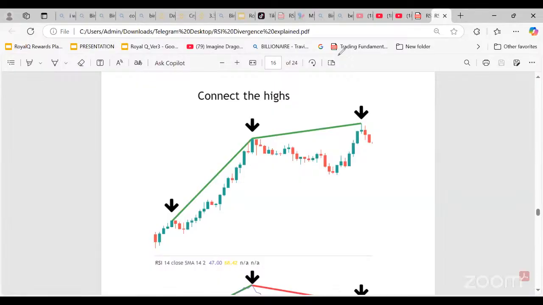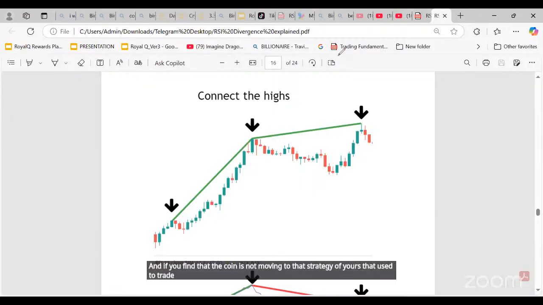Now, I have taught a lot, but find one clear strategy. Just make sure you find what works for you and you stick to it. And if you find that the coin is not moving according to that strategy of yours, please don't pick that particular coin.